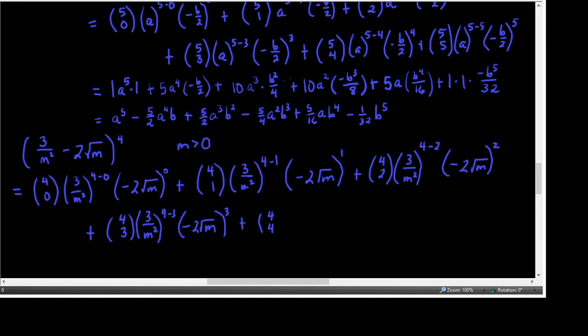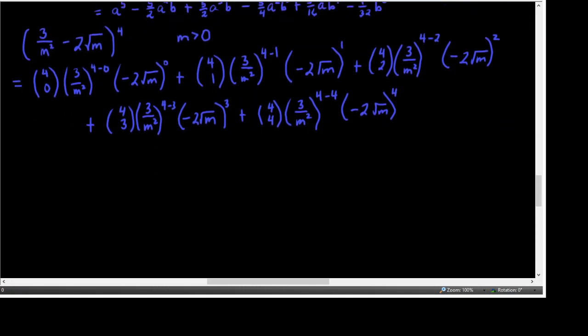That's where you're doing number choose itself, 4 choose 4. 3 over m squared to the 4 minus 4, and negative 2 square roots of m, finally to the 4th.